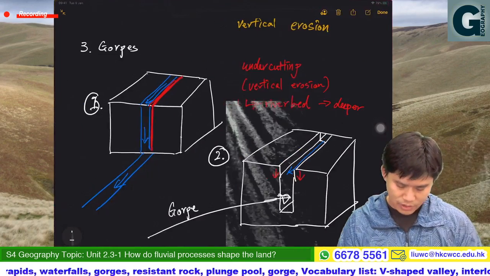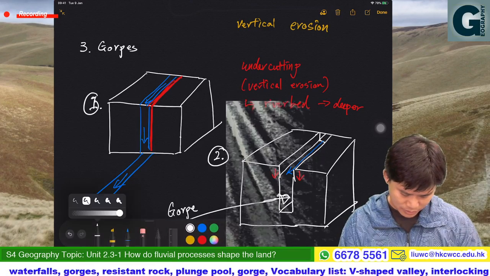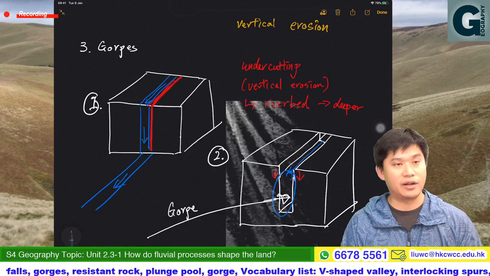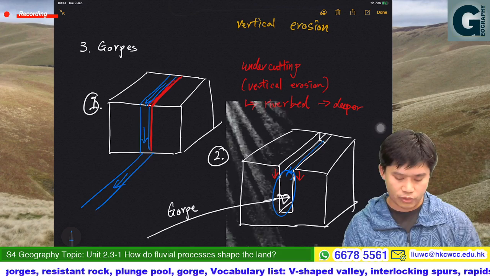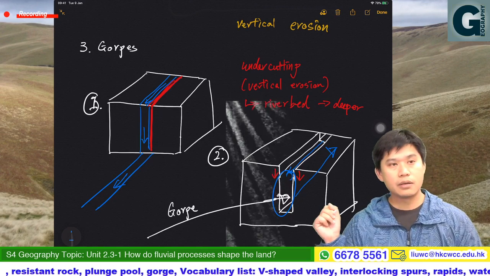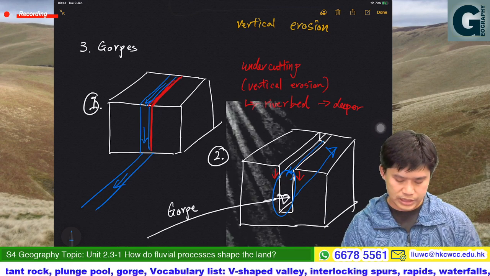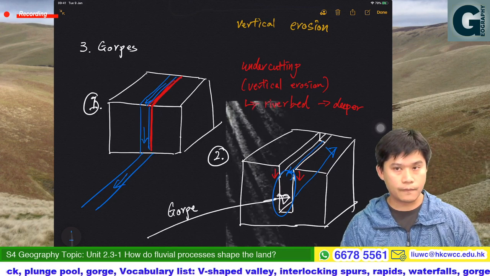So why does the waterfall retreat? It is because, can you see a waterfall here? Not exactly. It is because the waterfall may retreat to the source. Or if this is long enough, the whole area will be long.